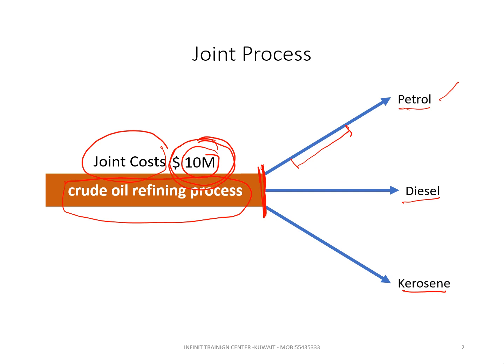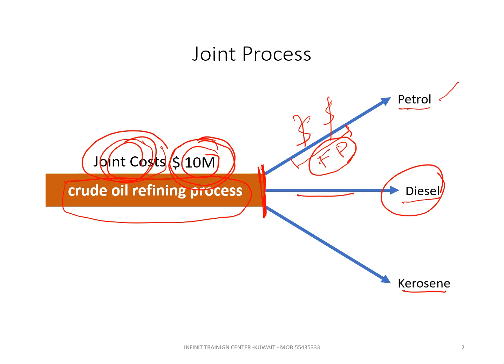Crude oil needs to be converted to petrol. This process we call further processing, and whatever dollar amount we spend here, we call further processing cost. So total cost of petrol is equal to what? Further processing cost plus a portion of joint cost. Same with diesel, it has its own cost and an allocation of joint cost. Okay, so this is the scenario.